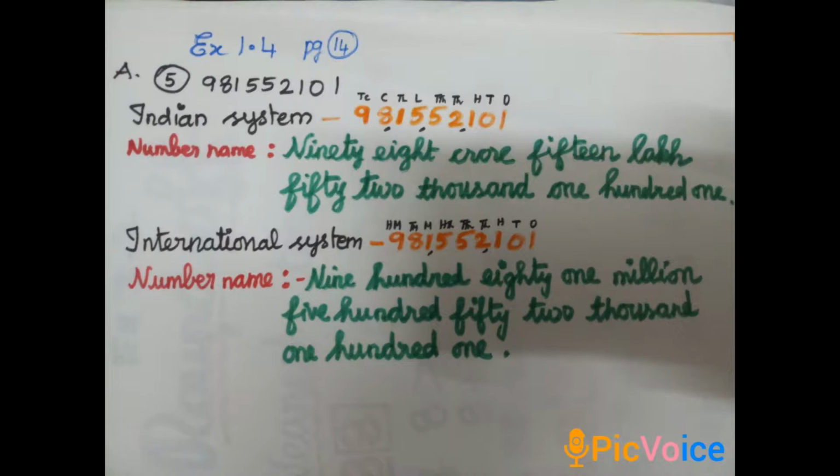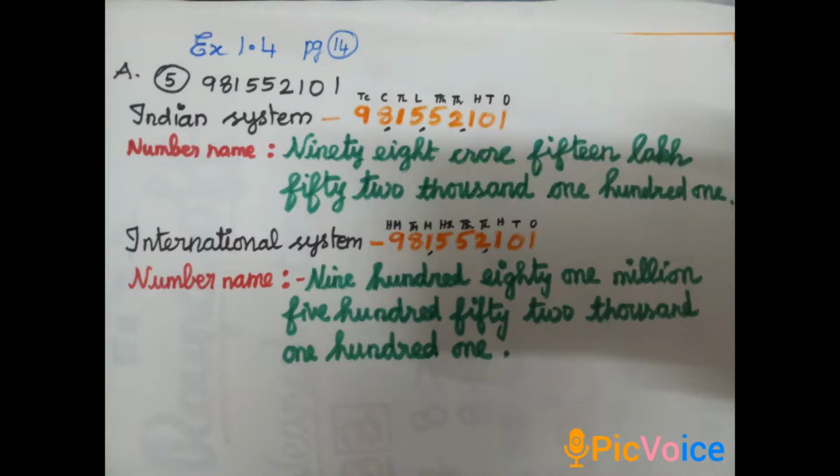Ones, tens, 100, comma, 1,000, 10,000, comma, lakhs, 10 lakhs, comma, crore, 10 crore. So the answer is 98 crore, 15 lakh, 52,101. So the number name also we have to write: 98 crore, 15 lakh, 52,101.